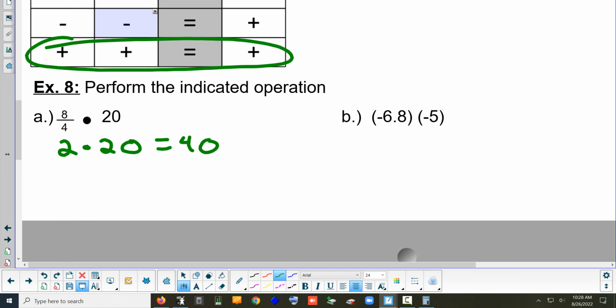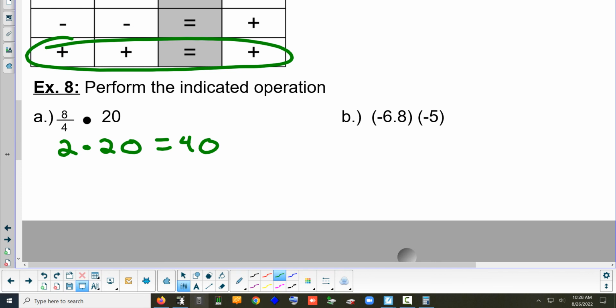The next one, I don't even care what the number is right now. I just want to know, a negative times a negative. Is it going to be positive or is it going to be negative? It's going to be a positive. All right? So let's type it in on our calculator and see what we get.